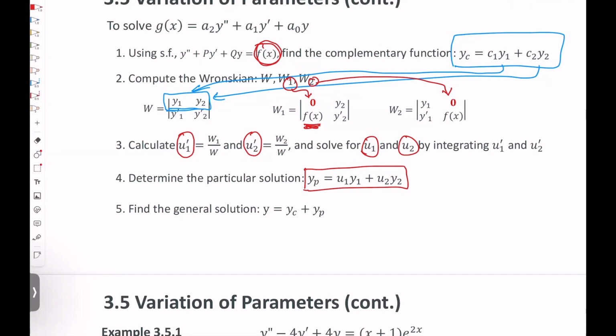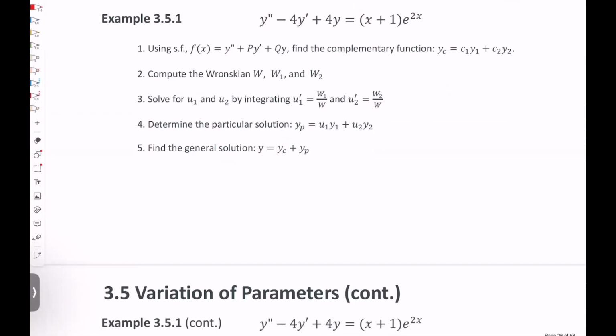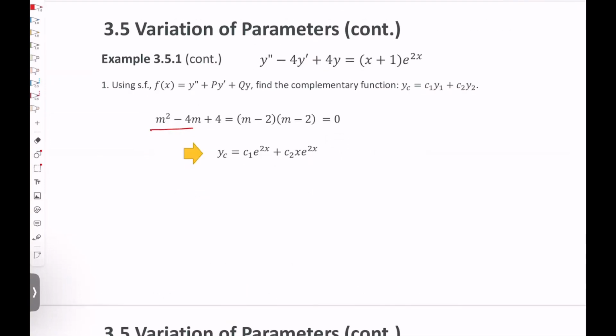Go through these steps. You are given y double prime minus 4y prime plus 4y equals (x plus 1) e to the 2x. So step number 1, we need to find the auxiliary equation. m squared minus 4m plus 4 equals (m minus 2)(m minus 2) equals 0.